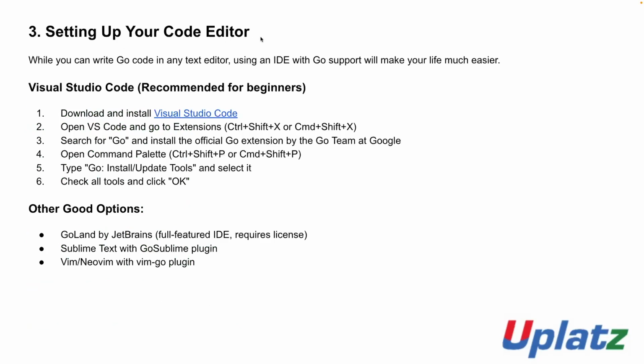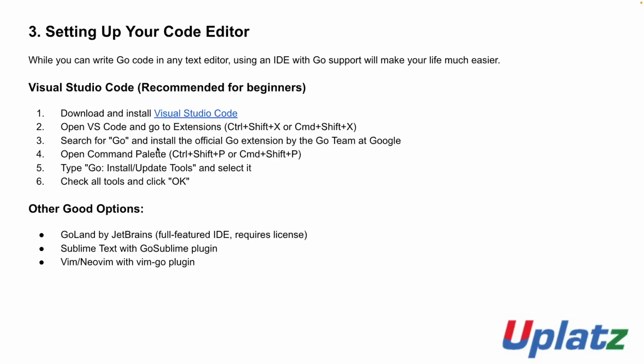Setting up your code editor. While you can write Go code in any text editor, using an IDE with Go support will make your life much easier. Visual Studio Code is recommended for beginners. Download and install Visual Studio Code. Open VS Code and go to extensions. Control-Shift-X for Windows and Command-Shift-X for Mac.